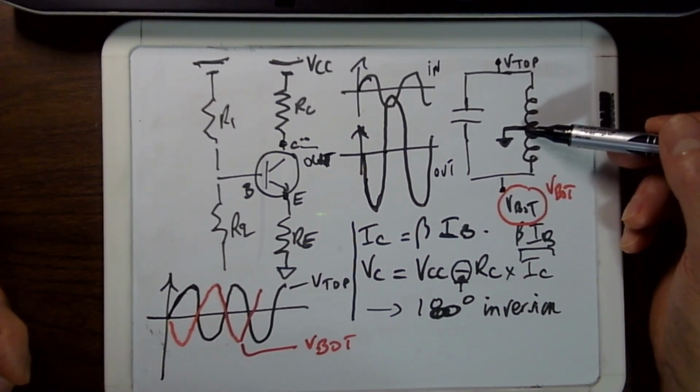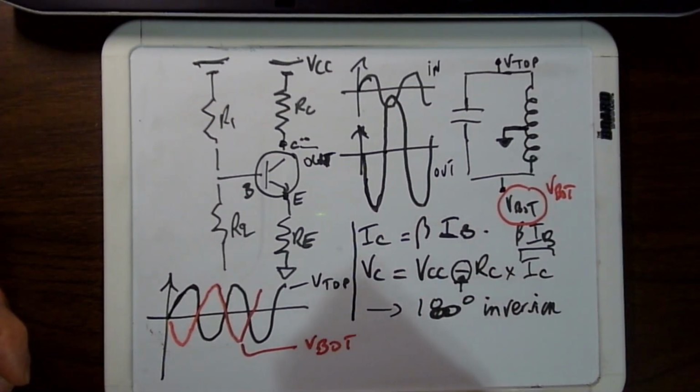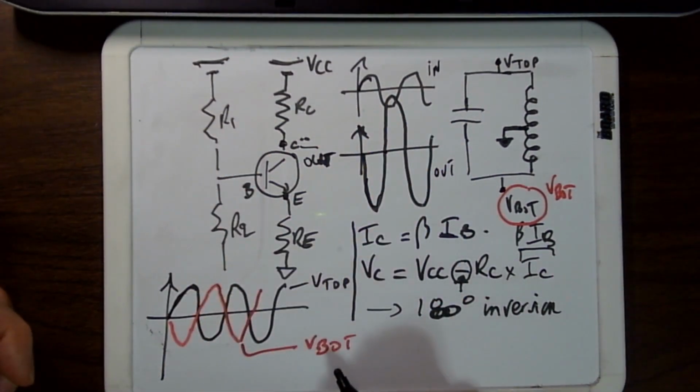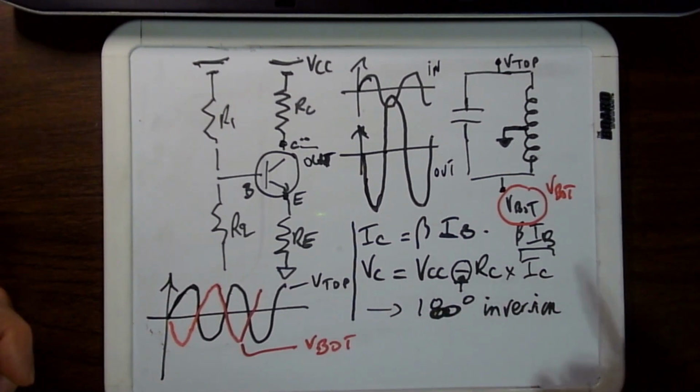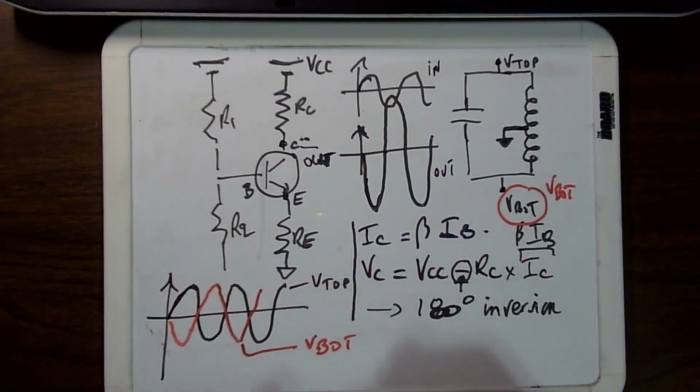But you don't have to be at the center, you could be lower. So that's your second inversion. So you have two inversions in this case. That's why you end up with a 360-degree inversion, or zero inversion. So that's why the two signals are in phase.